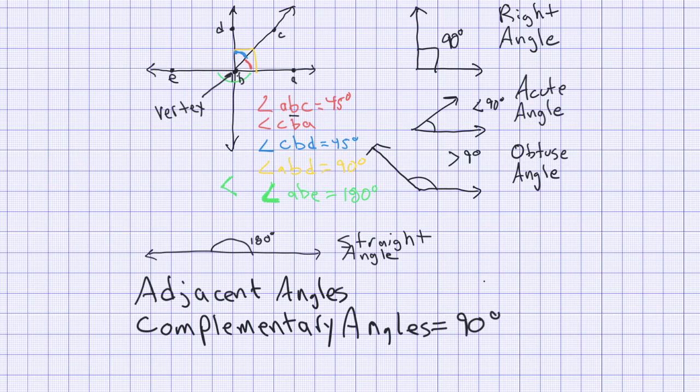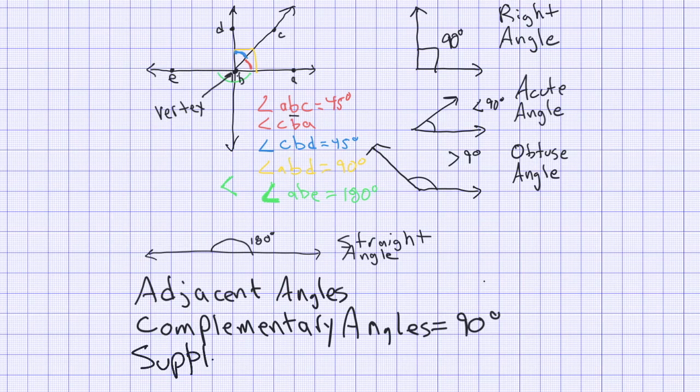Okay? So, for instance, our adjacent angles that we looked at before, ABC and CBD, if we were to add these two up, we had a 45 degree and a 45 degree, they add up to 90, therefore they're complementary.